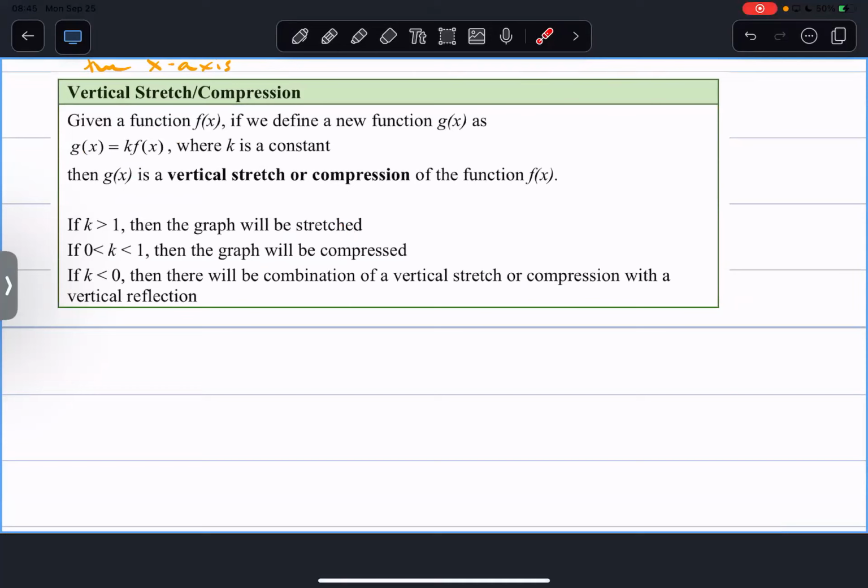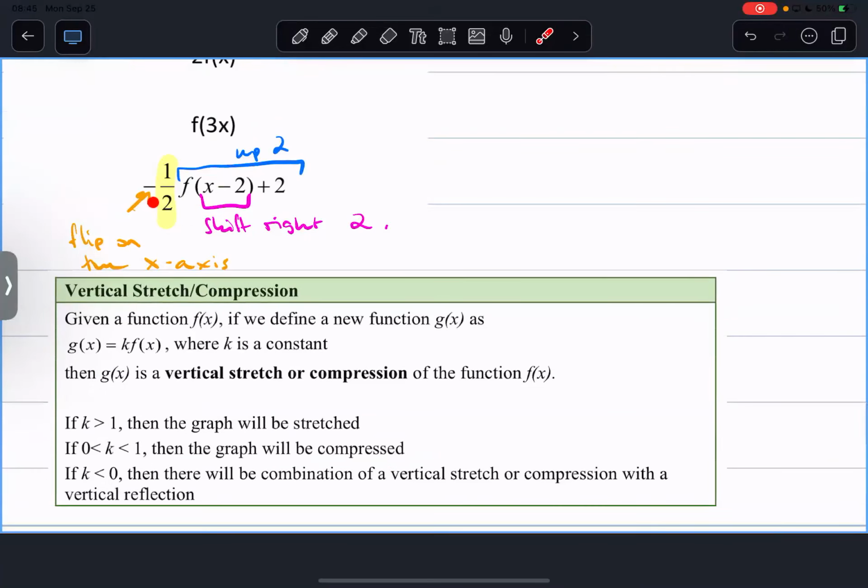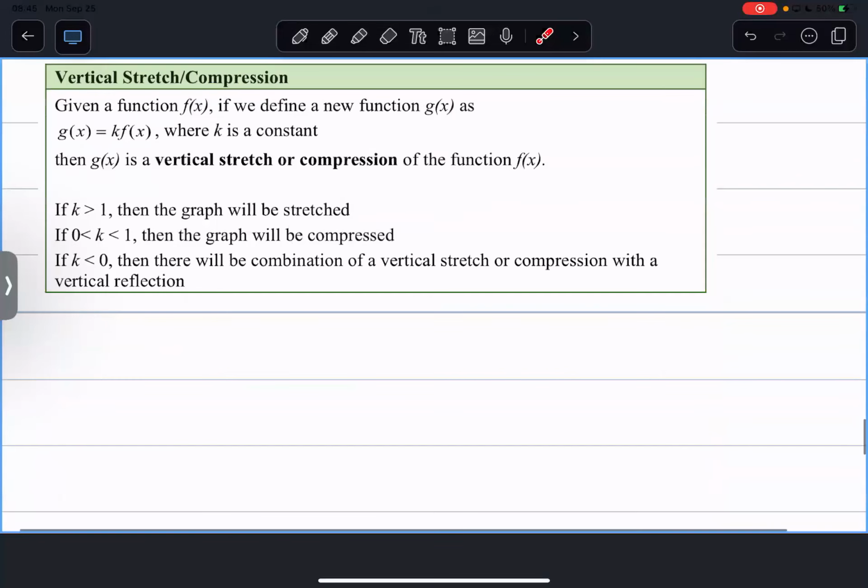We had k is 1/2, so 0.5, some decimal between 0 and 1, then it's going to be compressed. And if k is less than 0, which technically we have, we know how this negative behaves, but then it's going to be a combination of a stretch or a compression with that vertical reflection.